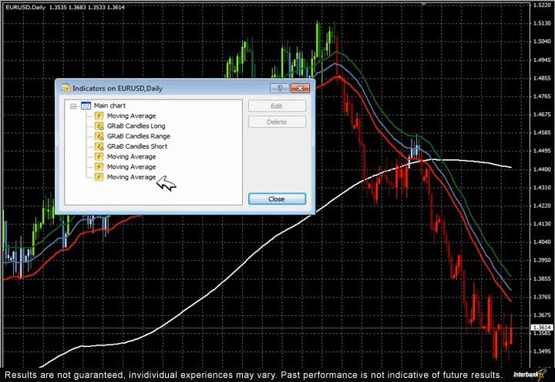Now, just a quick aside here, as we talk some basic chart setup. The grab candles, long range and short, actually color my candles: the dark red, the light red, the dark green, the light green. And I know some of you have gone over to my personal blog and downloaded the grab, and that's fine.